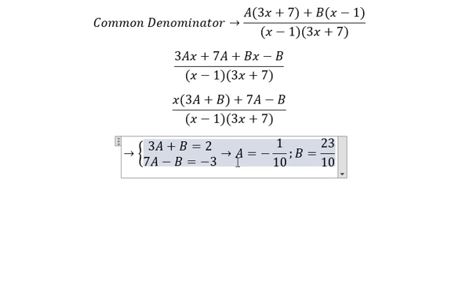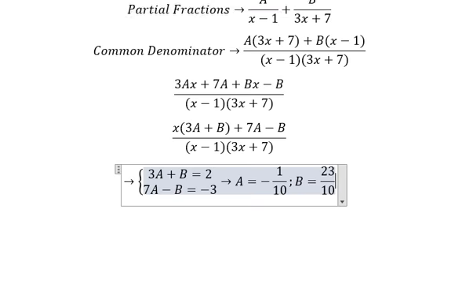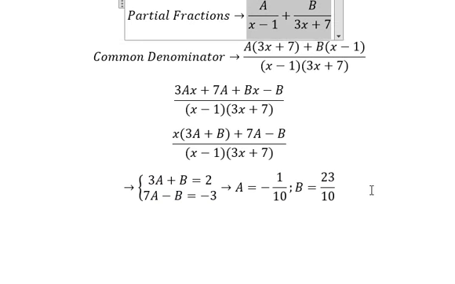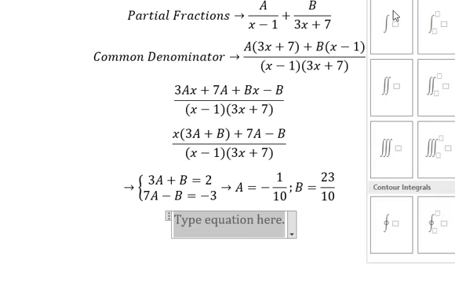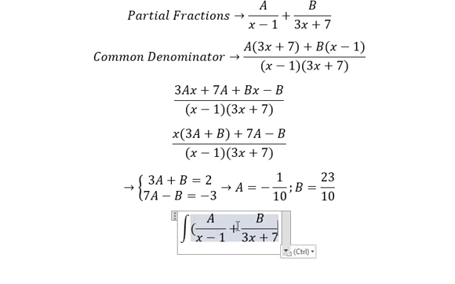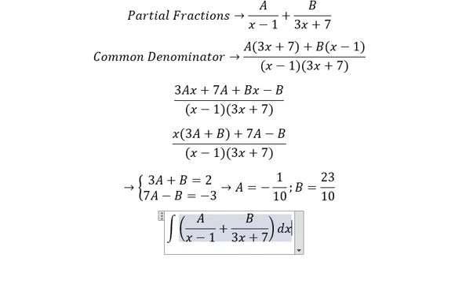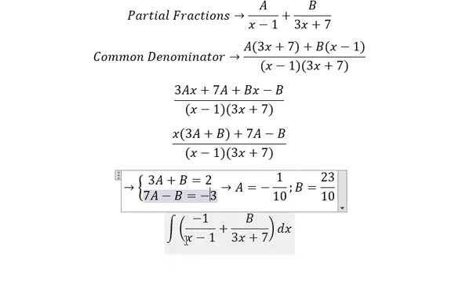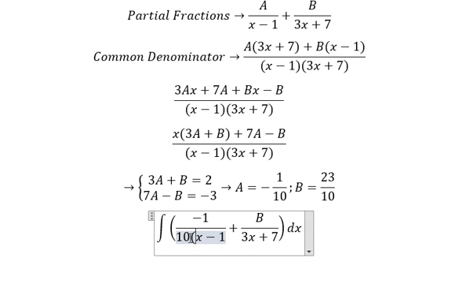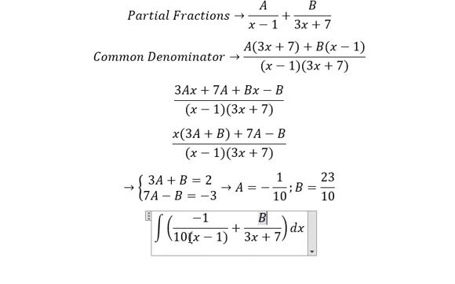So we put the value of A and B into this one. A, that's -1/10. B, that's 23/10.